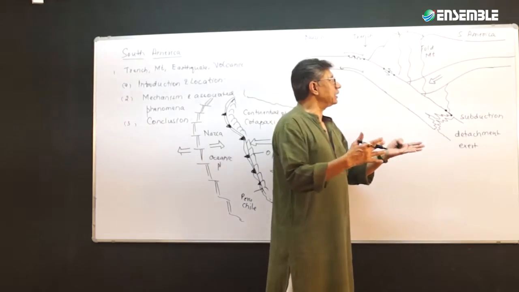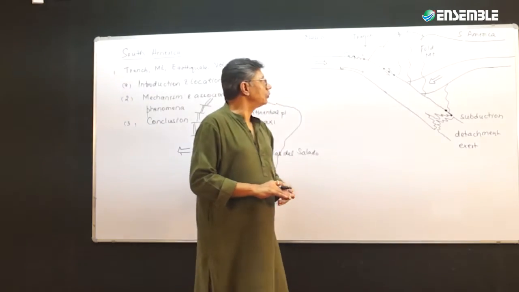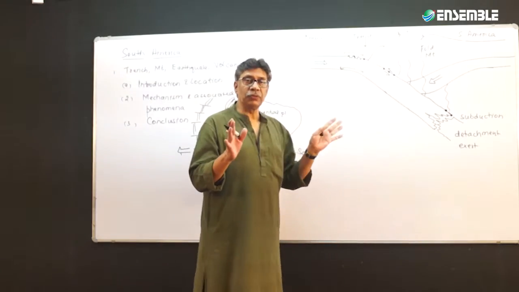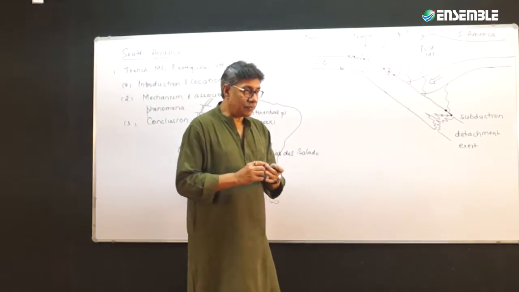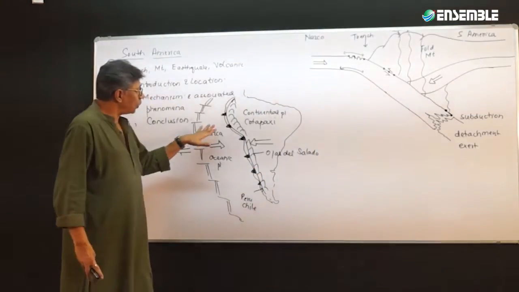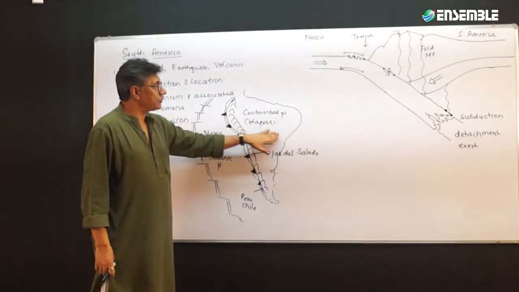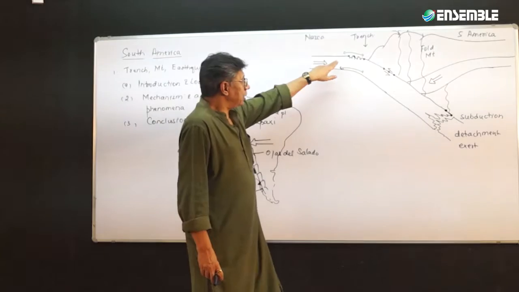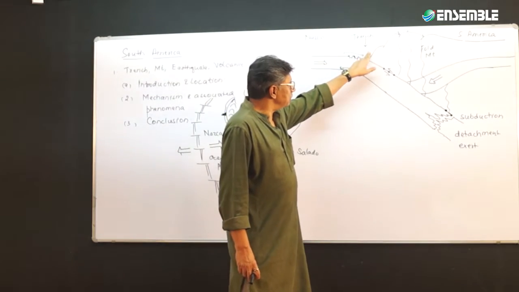And this is what exactly combines to lead to formation of these four features. All of these four features are explained where the Nazca plate collides with the South American plate. Wherever they collide, the collision leads to formation of a trench.